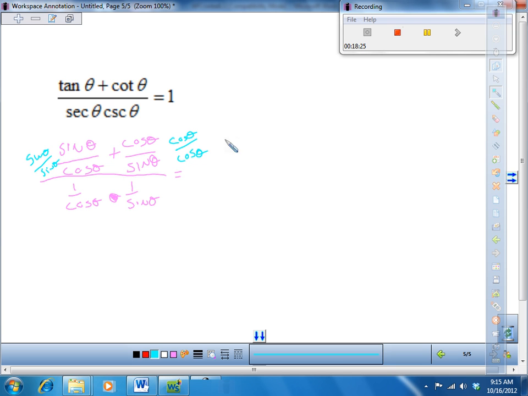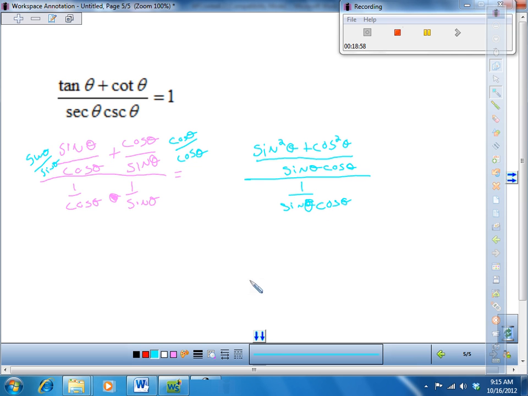And so what I now have is sine times sine makes sine squared theta plus cosine squared theta over sine theta cosine theta. Almost done, right? Over 1 over sine theta cosine theta.